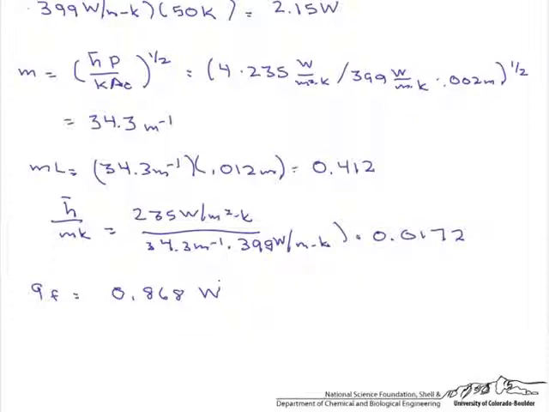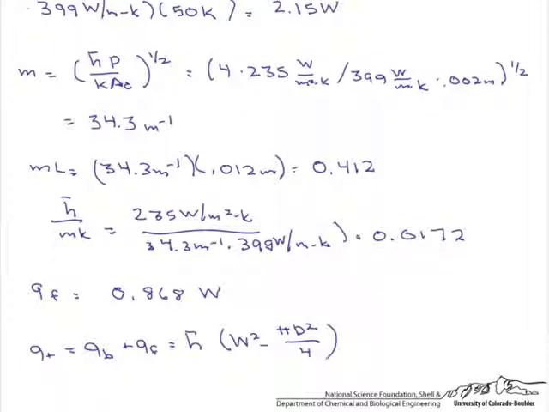If we want to find the total rate, that's from the base as well as the fin. So our Q total is Q of the base plus Q of the fin, which equals H bar times W squared minus pi D squared over 4. That's where we had to take the width squared and subtract from it the cross-sectional area of the fin where it is attached to the base.